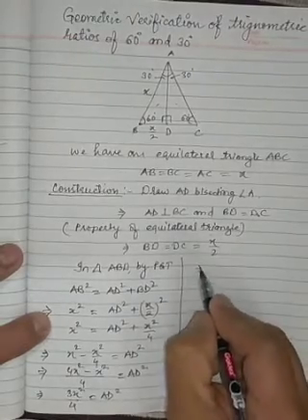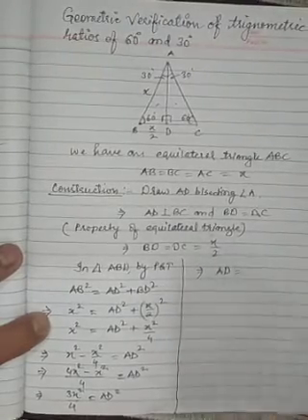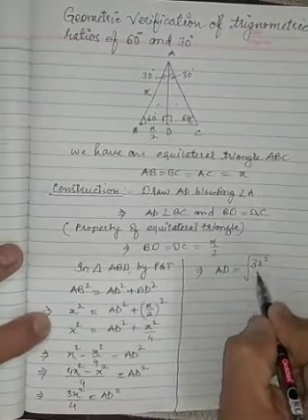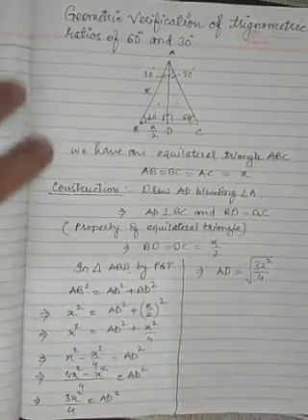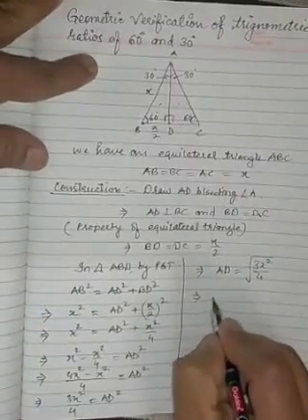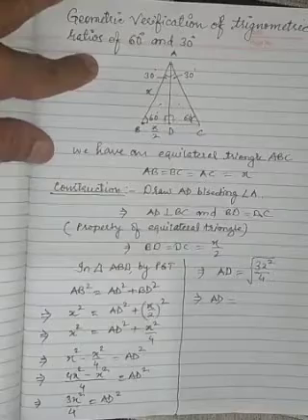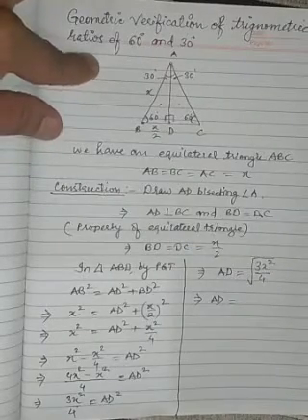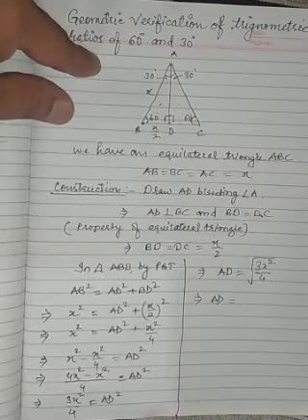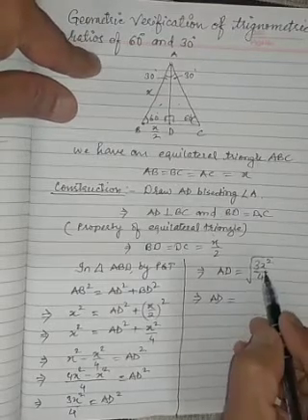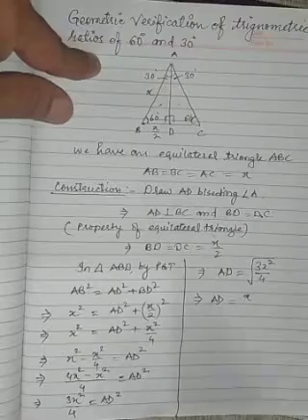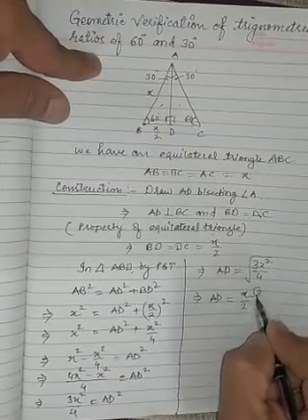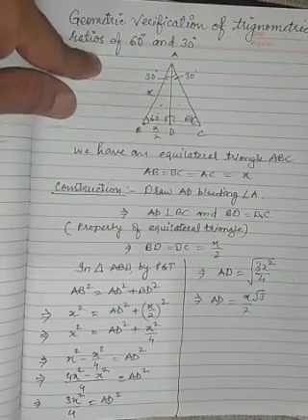This implies that AD is equal to under root 3x square upon 4. Now if we take the square root, you will find that x square will come out as x, 4 will come out as 2, and 3 will remain inside the root as root 3.